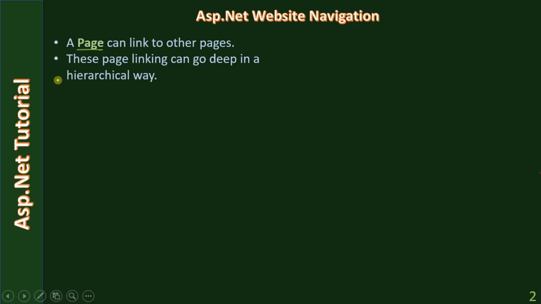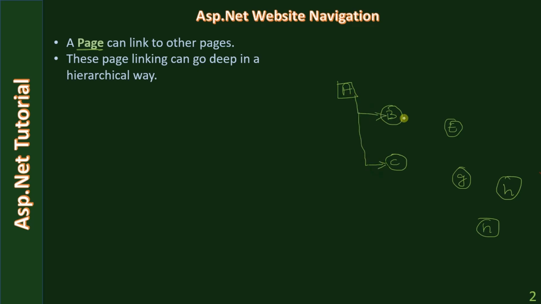Say for example, if we are landing at page A, let us say, so if you look at here we are considering only 3 plus 3, 6, 7 pages, and you can see how the link or navigation can go complex.